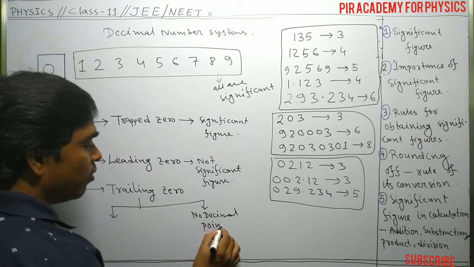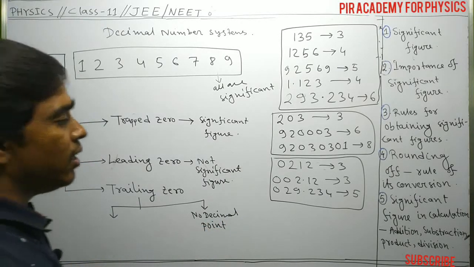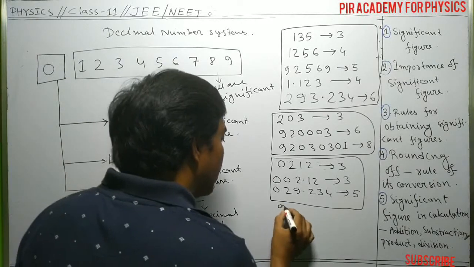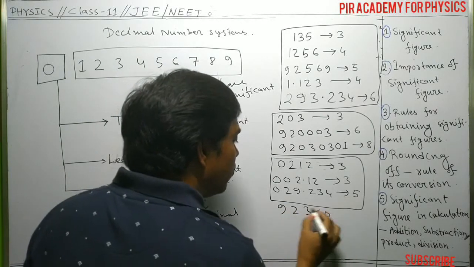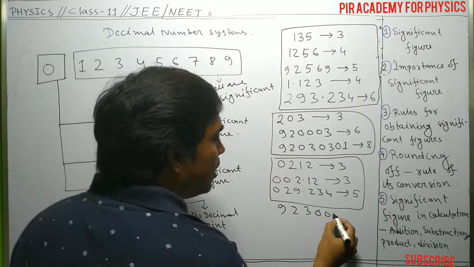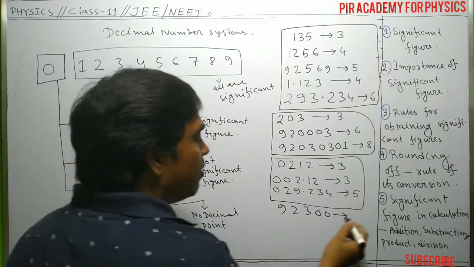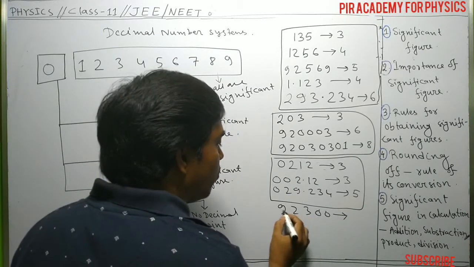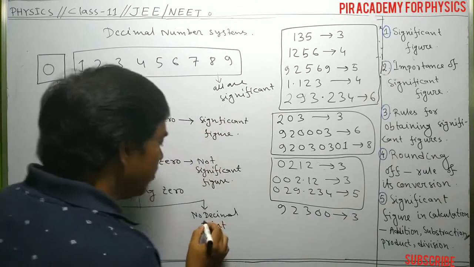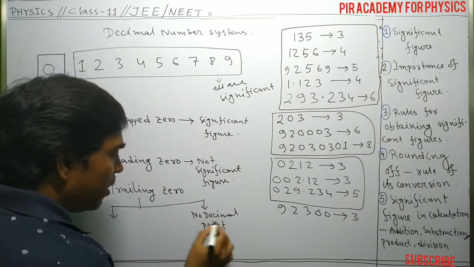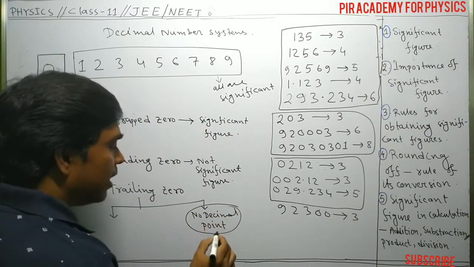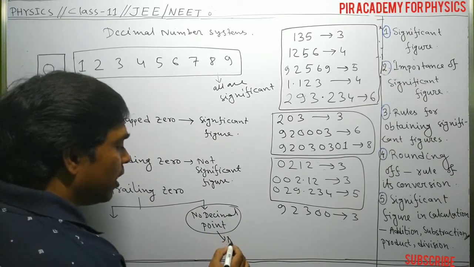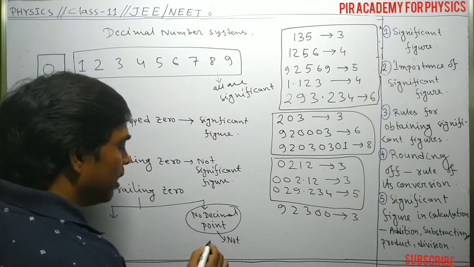If there is no decimal point, that means, for example, 92300, there is no decimal point. That means the significant figures will be 1, 2, 3. If there is no decimal point, then the trailing 0s are not significant figures.